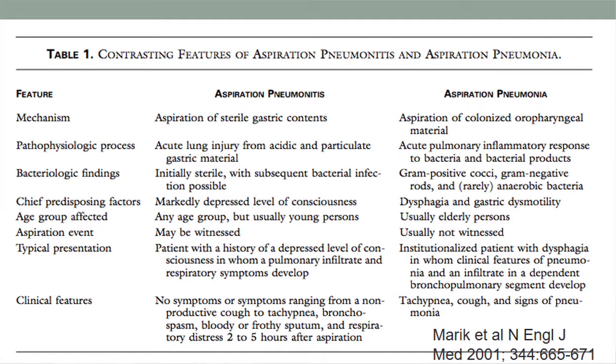The clinical features in aspiration pneumonitis can range from being asymptomatic to symptoms ranging from non-productive cough, tachypnea, bronchospasm, respiratory distress about a few hours after the aspiration event. And in aspiration pneumonia, you usually see tachypnea, cough, and signs of pneumonia as well.